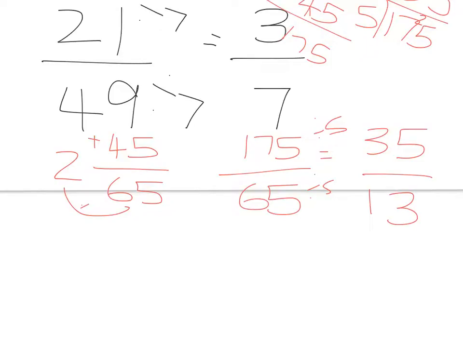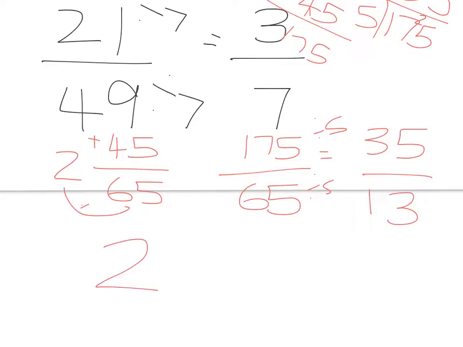So now we've got to take it out of being an improper fraction and put it back into being a mixed fraction again. Okay, so we say, all right, well, how many times does 13 go into 35? Well, 13 plus 13 is 26, and 26 plus 13 will give me 39, so that's too much. So it goes in exactly twice, okay?